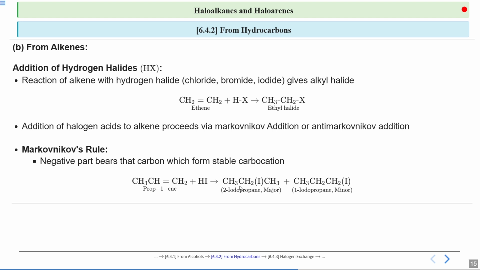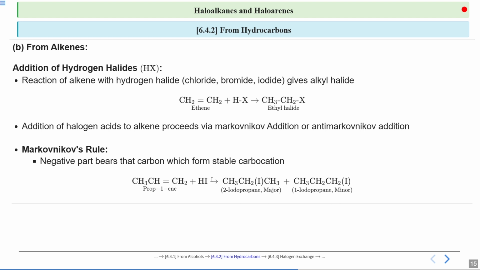So you are going to get CH3CHICH3, 2-iodopropane as your major product, and your minor product will be 1-iodopropane, because iodide can attack the other carbon also, right? So according to the Markovnikov rule, 2-iodopropane is your major product and 1-iodopropane is your minor product.